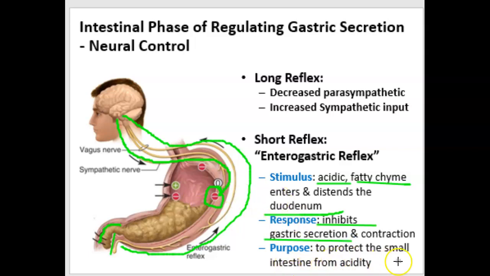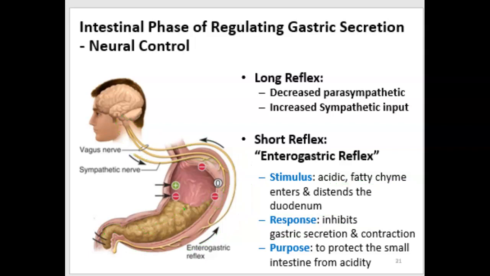Because we need to protect the small intestine from any further acidity. And if the stomach is already propelling the contents into the intestine, then it's pretty well digested it as much as it possibly can. So I just described the long reflex, which involves the sympathetic nervous system output.